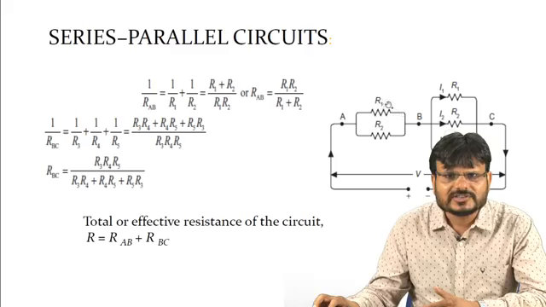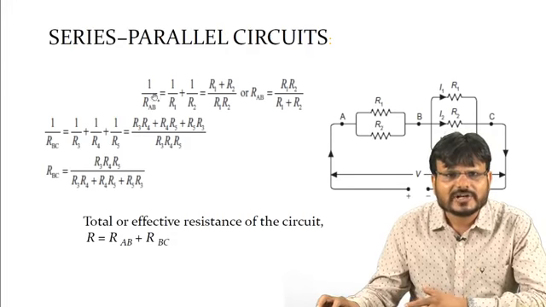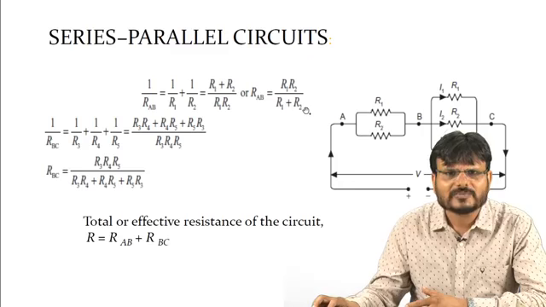So here basically these two resistances R1 and R2 are connected in parallel between terminals A and B, and again there are three resistances R3, R4 and R5 connected between terminals B and C. So first of all you find the equivalent resistance between A and B. This RAB, that means 1 upon RAB is equal to what? 1 upon R1 plus 1 upon R2. So this RAB can be written as R1 R2 upon R1 plus R2.